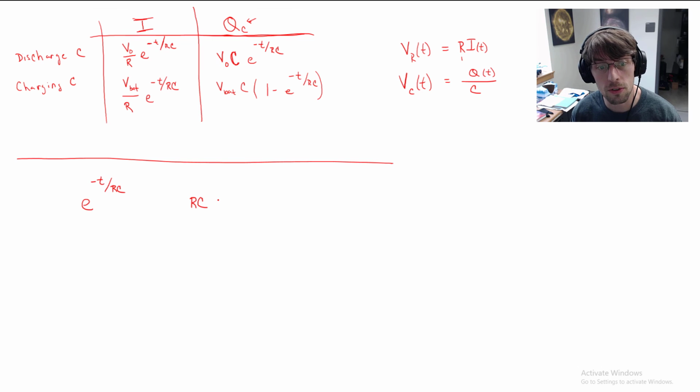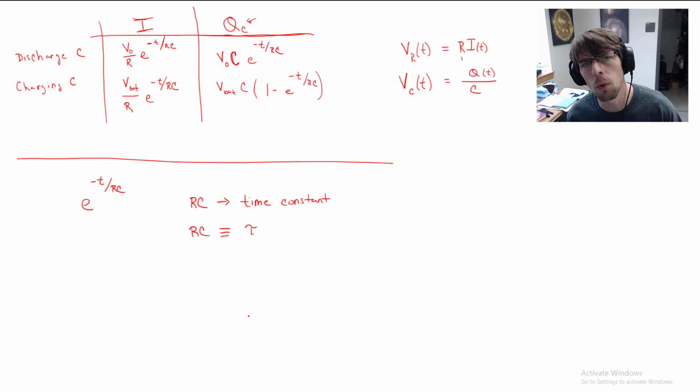RC comes up so often, we give it its own term. This is sometimes referred to as the time constant of the circuit. And often we'll give it its own variable label as well. We call it tau.